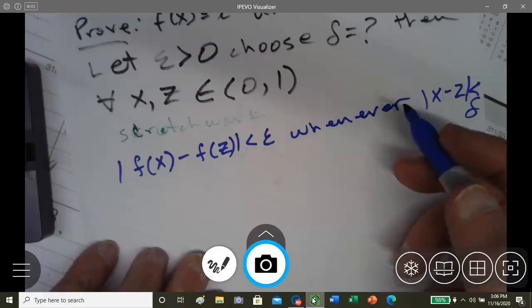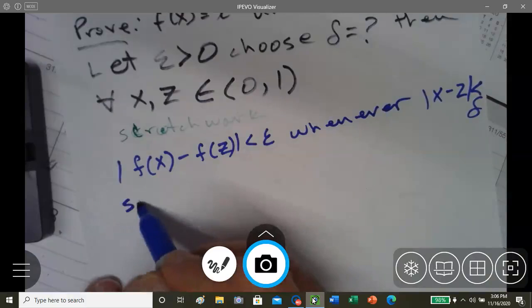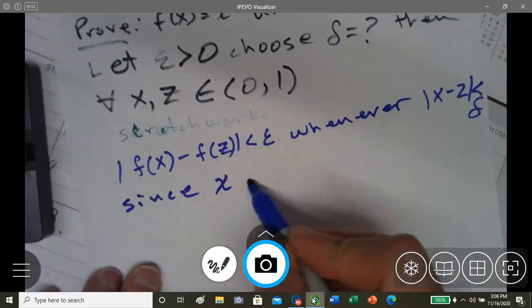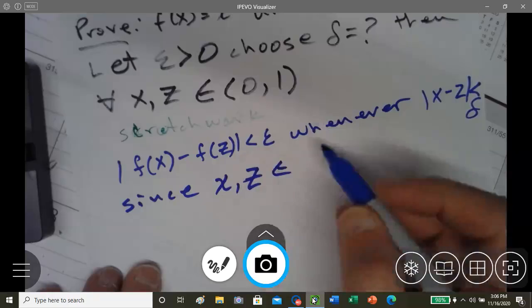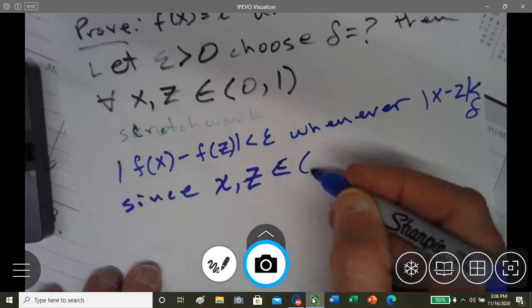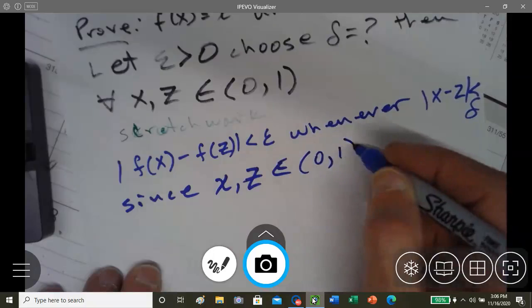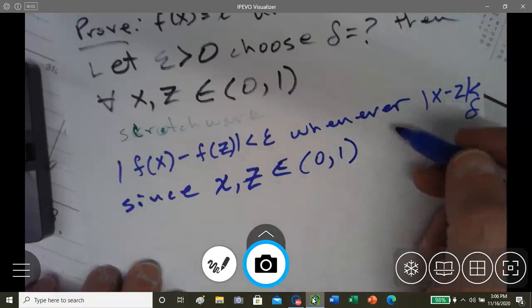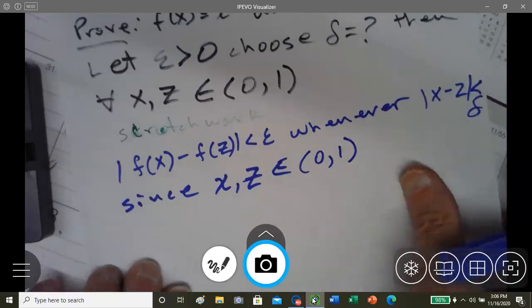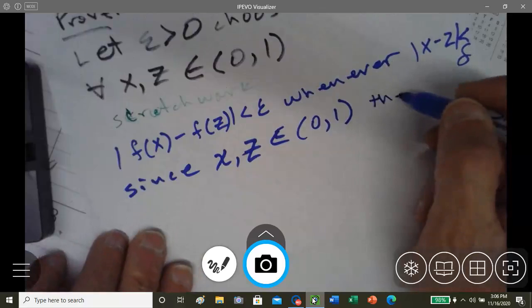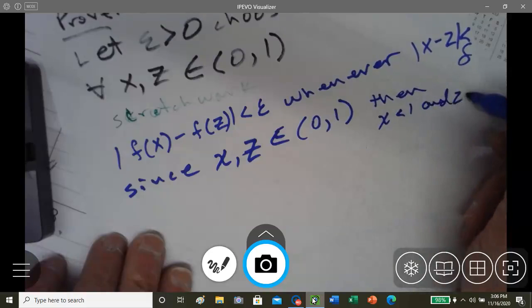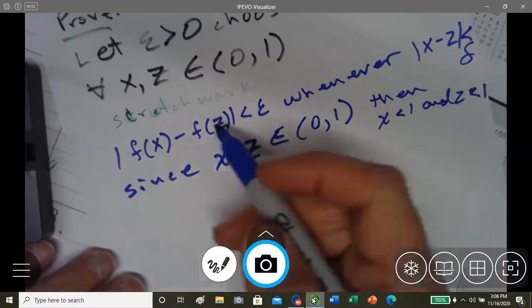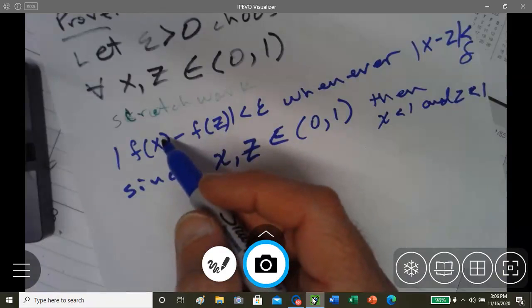So since x and z are elements of our interval inside of 0, 1, then x has to be less than 1 and z has to be less than 1. So we're going to remember that when we work through our problem.